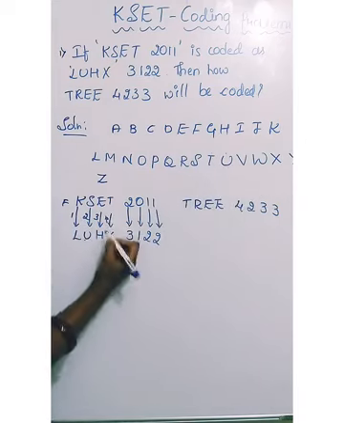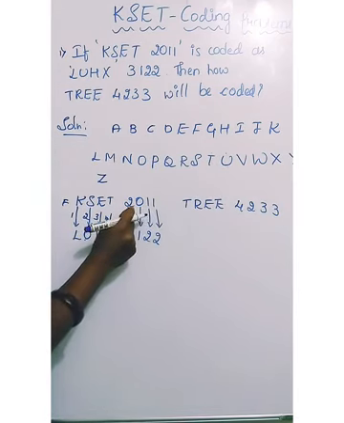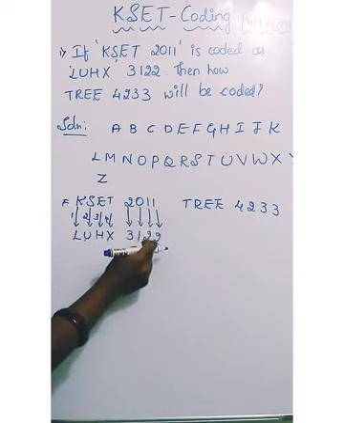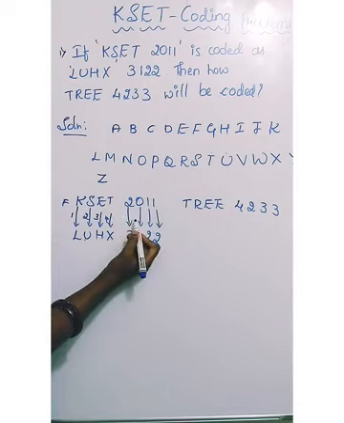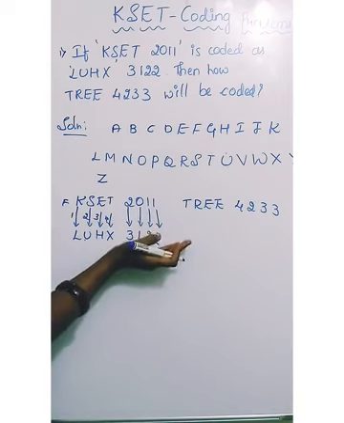This is 4. Next, 2011. See, after 2 what digit comes? 3. After 0 comes 1. After 1 comes 2. After 1 comes 2. As usual, this is also the forward method, taking the next number in the series.